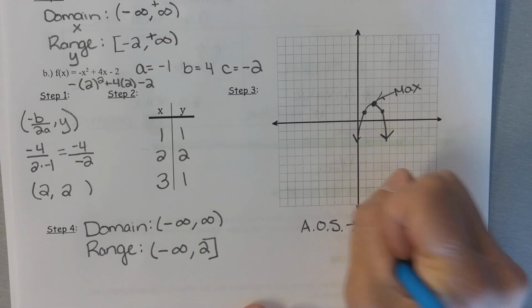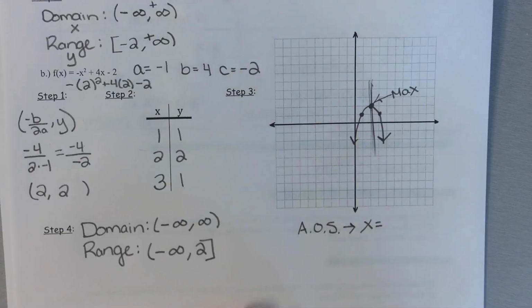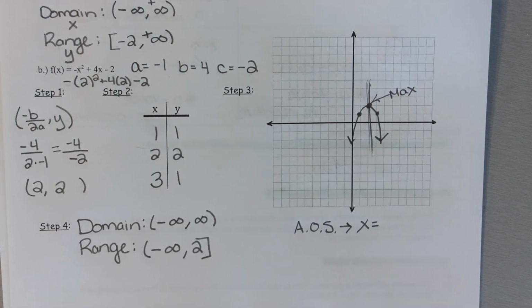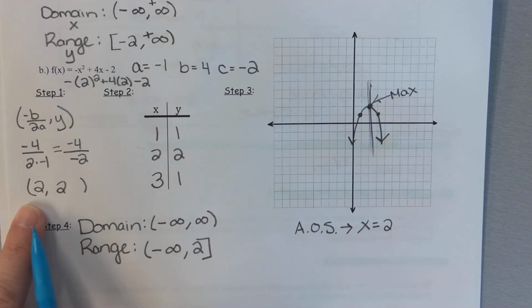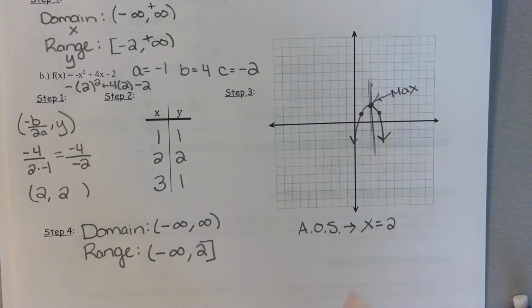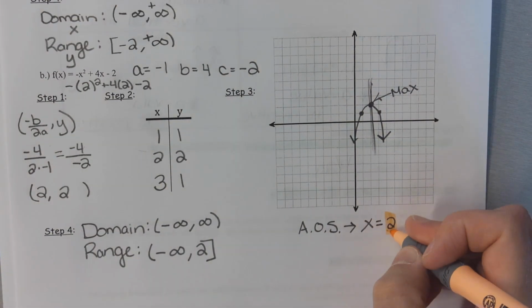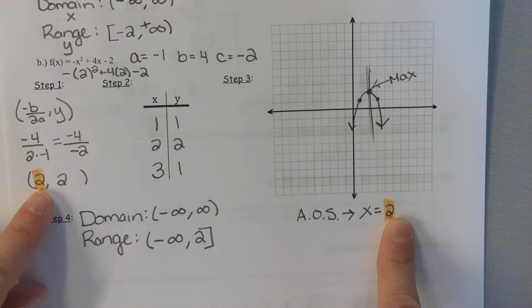The axis of symmetry is, remember, the line that cuts it in half. It's always x equals, and it's always the x coordinate of the vertex. So for this one, it would be 2 because of this 2. So this value, still got a highlighter out somewhere, this number and this number will always be the same.